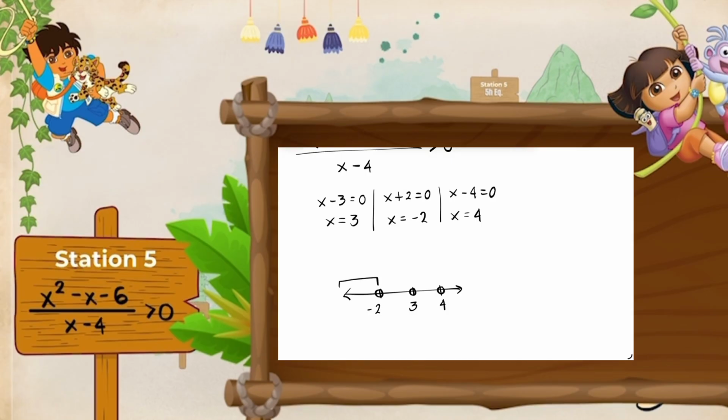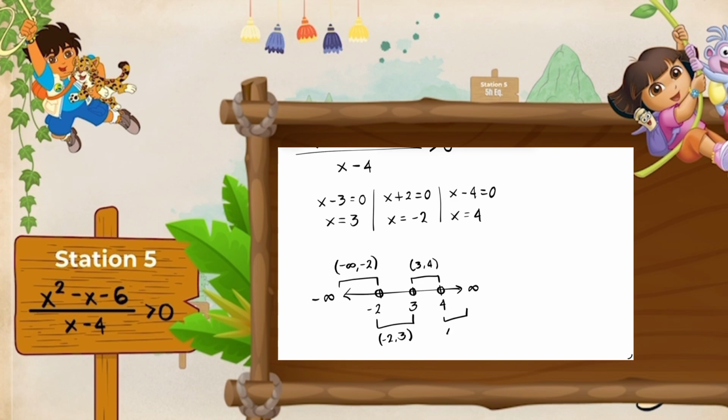Now let's get the ordered pairs. Negative infinite, positive infinite. The first ordered pair is negative infinite, negative 2. Negative 2, positive 3. Positive 3, positive 4.